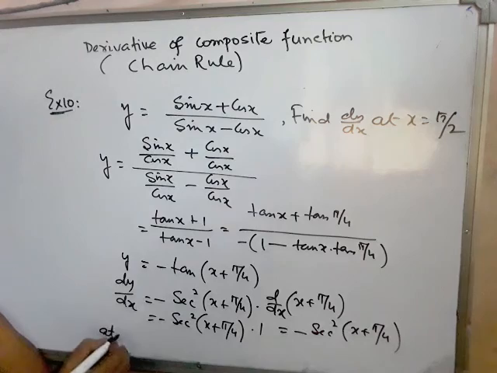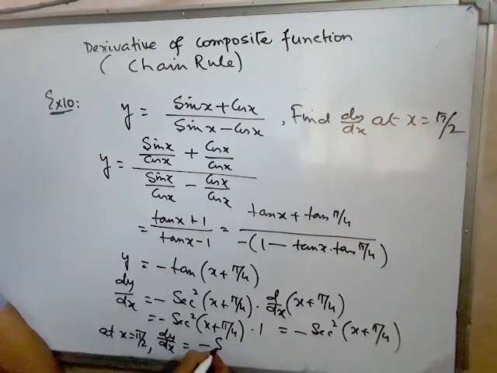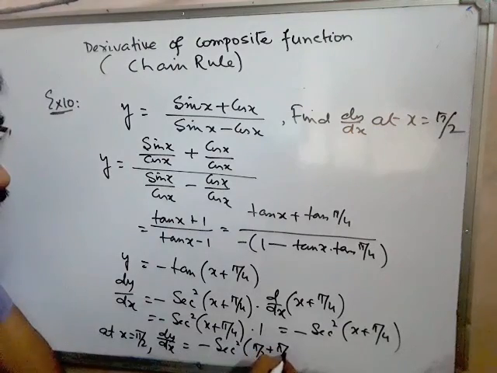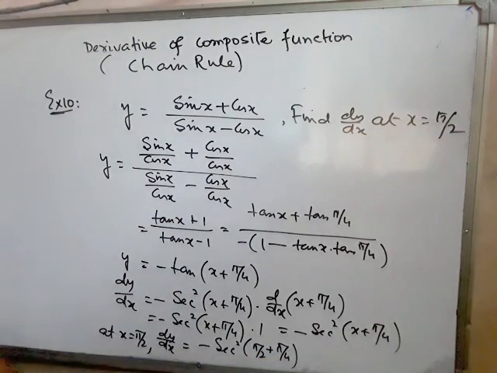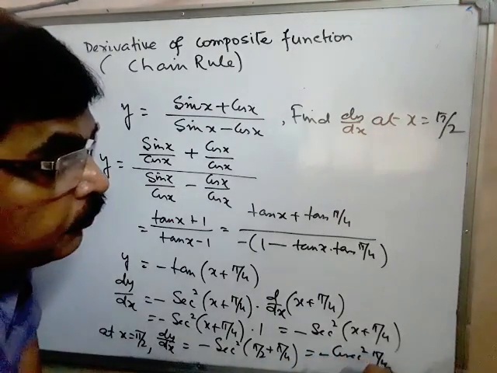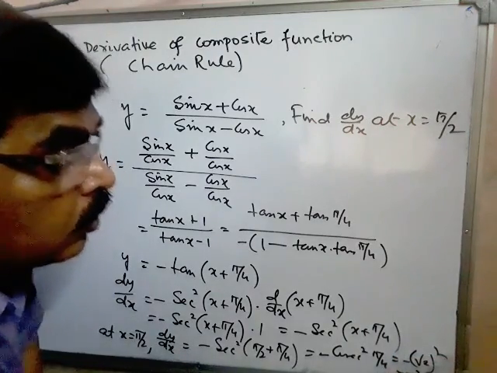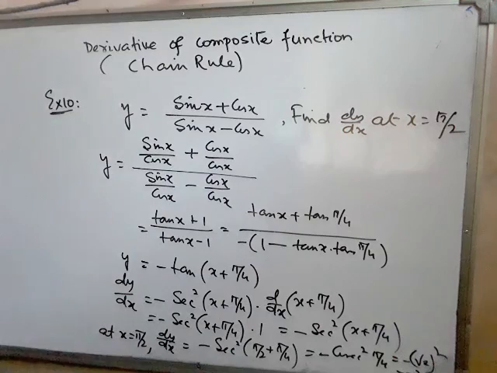So at x equal to pi by 2, dy by dx equal to sec square (pi by 2 plus pi by 4). Sec of (90 plus theta) is minus cosec theta, but due to square, it is cosec square pi by 4. So that is root 2 whole square, equal to 2.